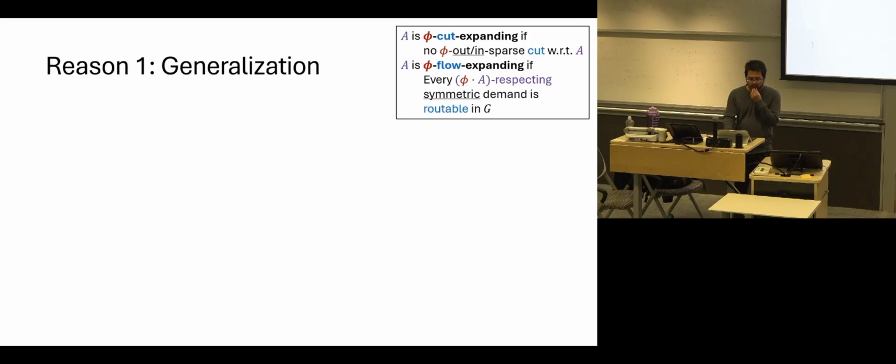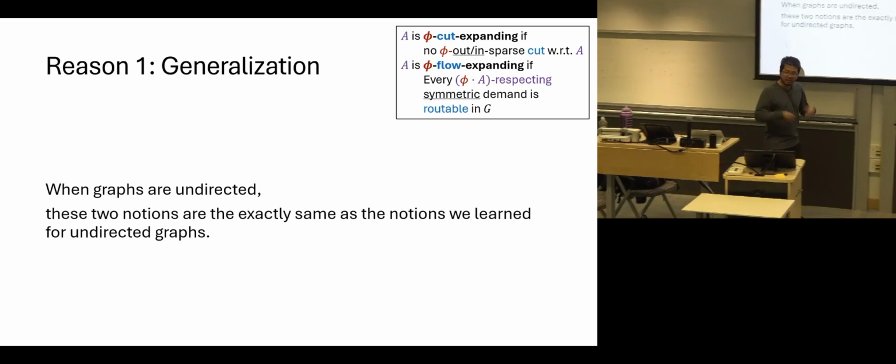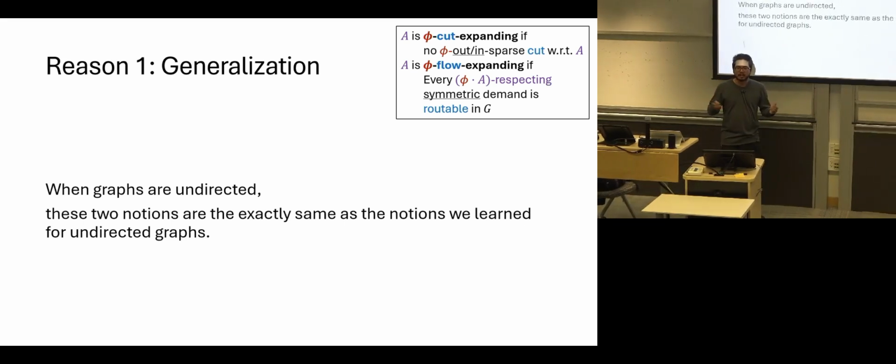Well, one reason is that it already generalizes the notions that we learned in the undirected graph. When the graph is undirected, these notions just specialize to the cut expansion and flow expansion that we have learned about.